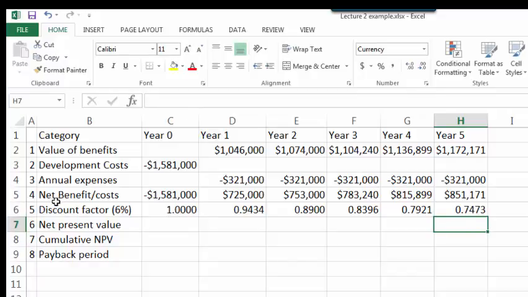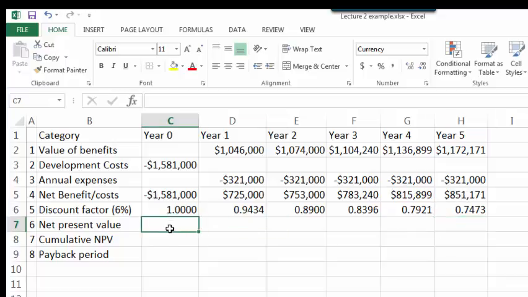So the net benefit and cost is calculated for each year as the real figure. We need to normalize it to the net present value. That means, for example, 800,000 in year 5 doesn't really equal 800,000 in this year. So we need to multiply them together.